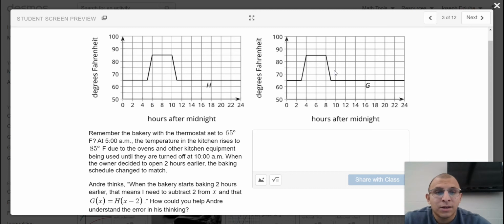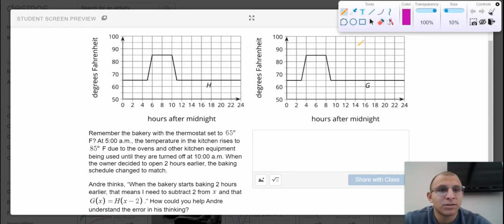So when we take a look at g of 6, let me bust out my pen, my writing utensils. G of 6 seems to be the middle point. If we look at the corresponding point on the graph of h, we can see that is at an input value of 8.